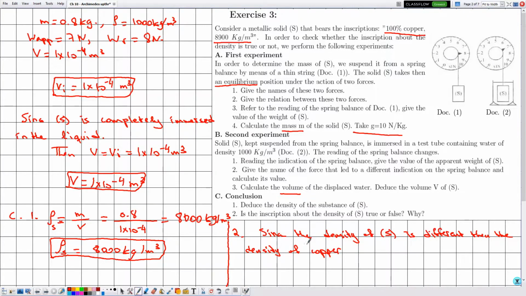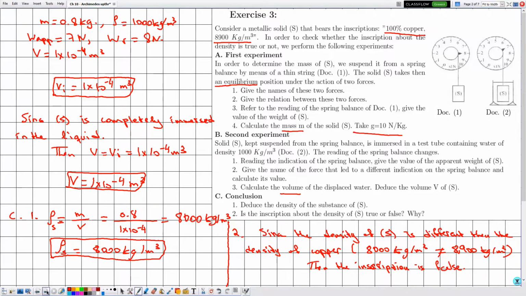Between brackets, let's say 8,000 kilogram per meter cube is different than 8,900, then the inscription is false. And by this we have finished solving this exercise.